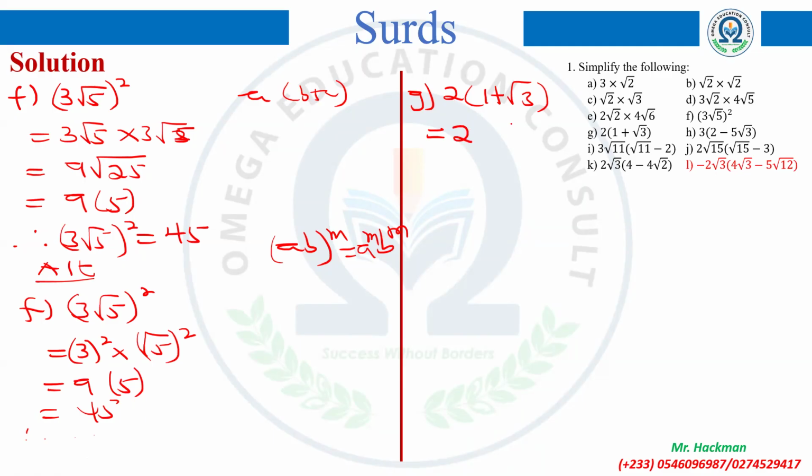Then 2 times root of 3, and that will give you 2 roots of 3. All correct? So we are making use of all that we learned to deal with what you have there. So don't forget your conclusion. Therefore, 2 into 1 plus root of 3 will be equal to 2 plus 2 root of 3.